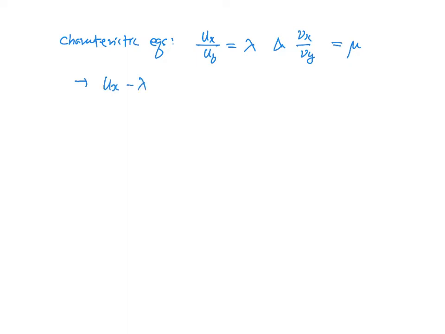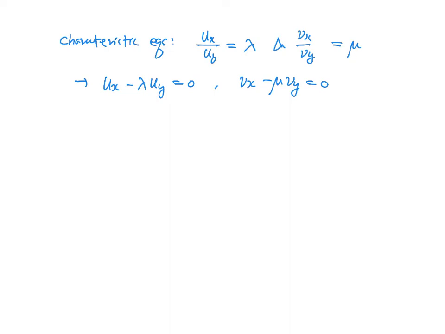So the characteristic equation becomes u_x over u_y equal to lambda, and v_x over v_y becomes mu, right? That's the characteristic equation. So u_x minus lambda u_y is equal to 0, and v_x minus mu v_y is equal to 0.